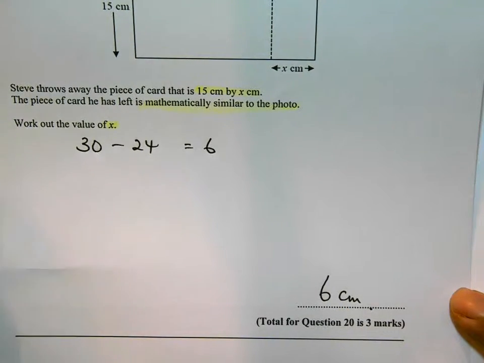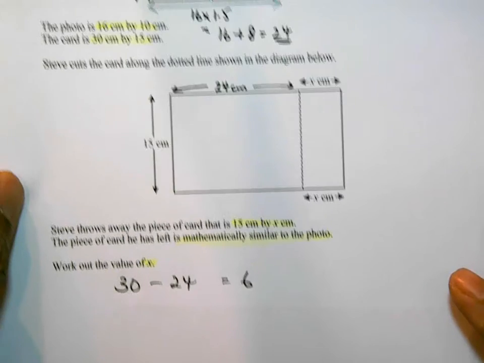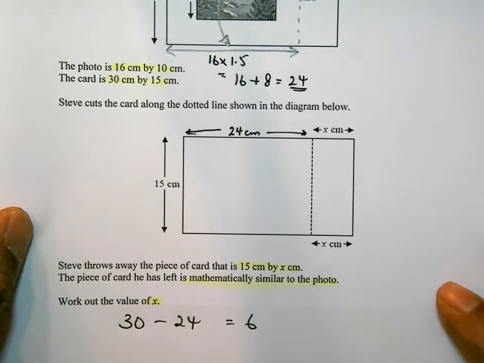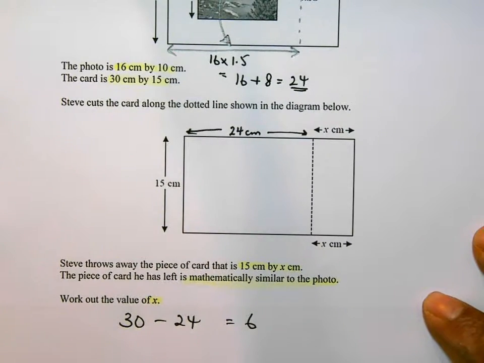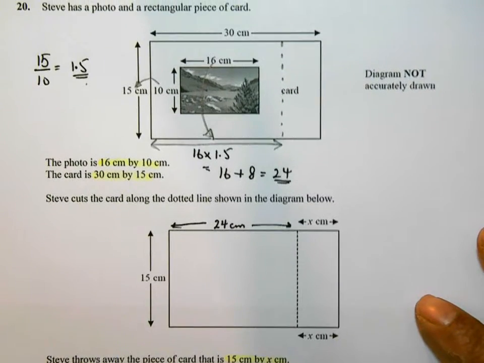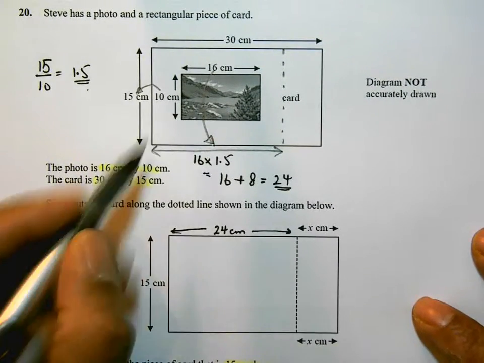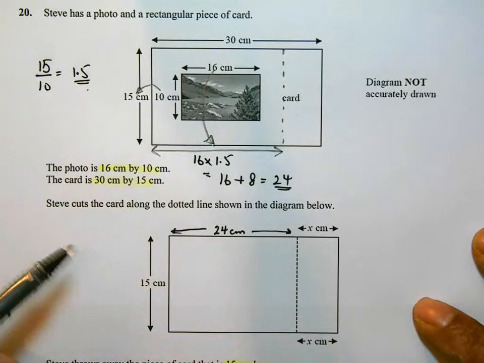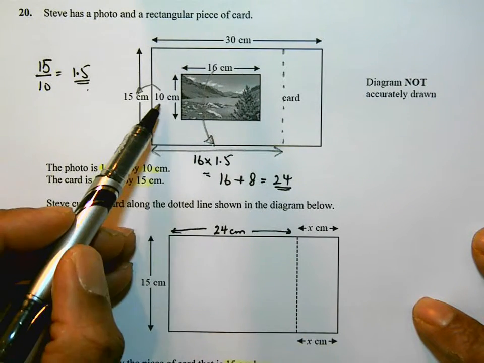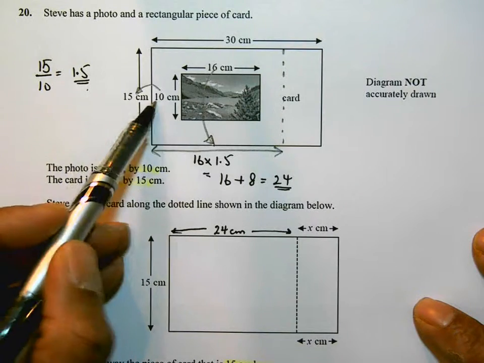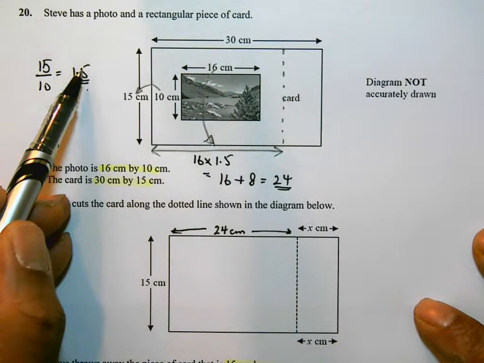It's a straightforward question if you understand similar shapes and proportion. What is very important is that you work out your multiplier, and you understand by reading the whole question exactly what they need you to do. Working out the multiplier, it's 15 divided by 10, and that gives you 1.5.